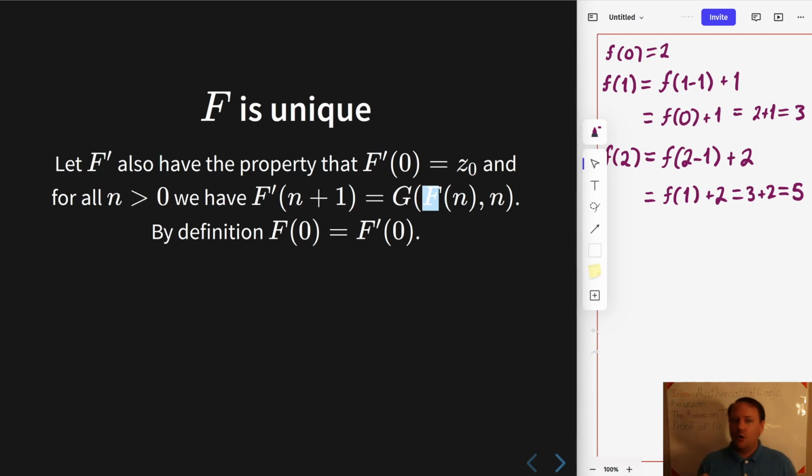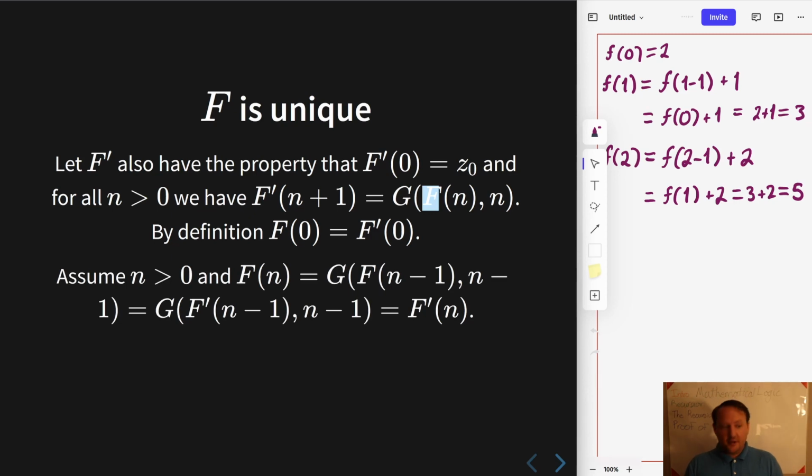And what we hope to prove is that f is equal to f prime. We're going to do this by induction. And our base case is where n is equal to 0. There we're trying to prove that f at 0 is equal to f prime at 0. That's immediate because both of them are equal to z naught just by assumption.